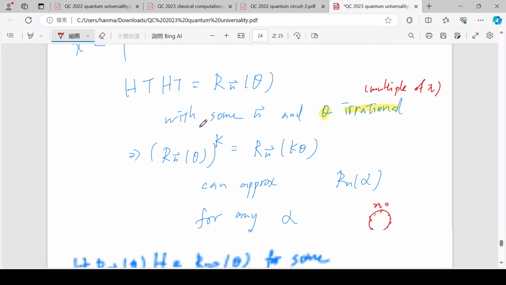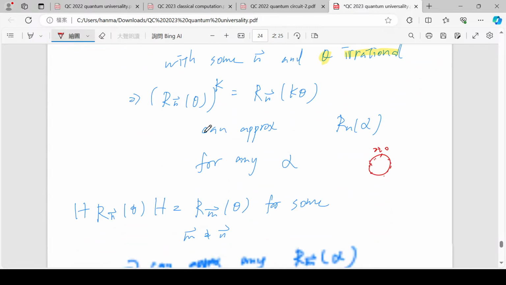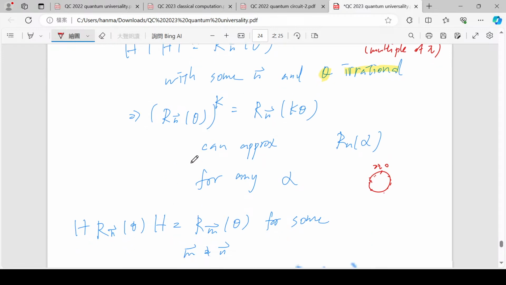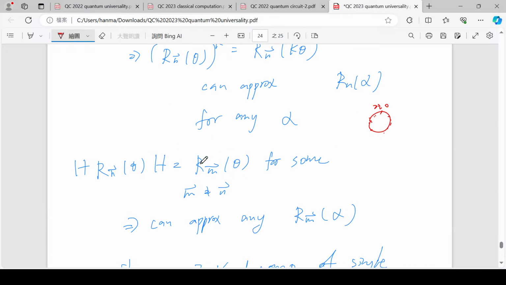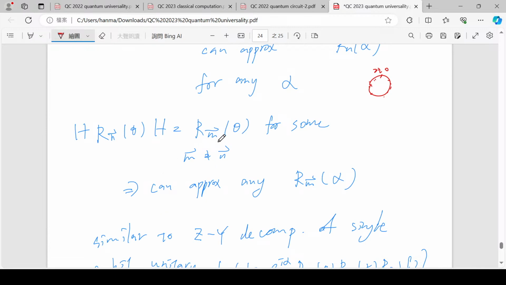So that's some angle, and then basically we just need to find another angle. If we sandwich Rn theta with Hadamard, that's basically Hadamard T, and we will get a rotation by theta for a different direction n.